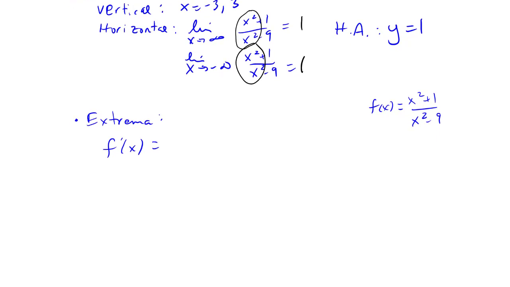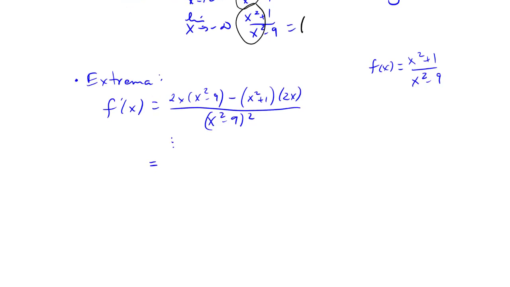So we're going to get 2x times x squared minus 9 minus x squared plus 1 times 2x, all over x squared minus 9 squared. I'm going to skip some of the details here so I can get to the good stuff. If you simplify that, you should get -20x over x squared minus 9 squared.